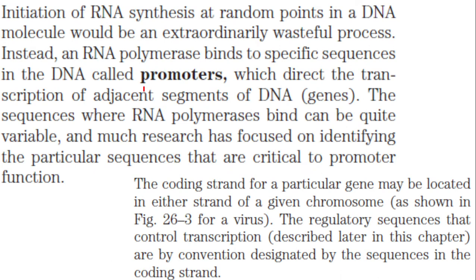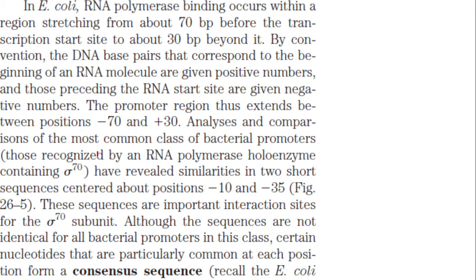Again, promoter, I told you, RNA polymerase binds to a specific sequence on the DNA called promoter. And what is this? Promoter region extends between minus 70 and plus 30. This is a DNA strand.